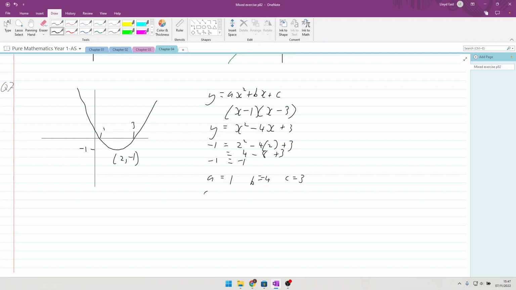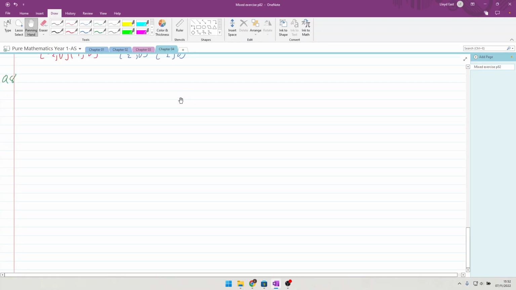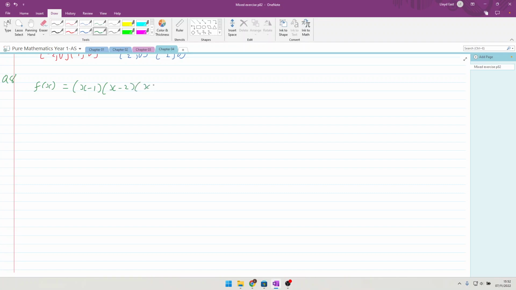So they want f of x plus 2 sketched, okay, and they also want, let's do it in a different color, and they say that f of x is equal to x minus 1 in brackets, x minus 2 in brackets, and x plus 1 in brackets. State the coordinates of the point at which the graph of f of x intersects with the y-axis.